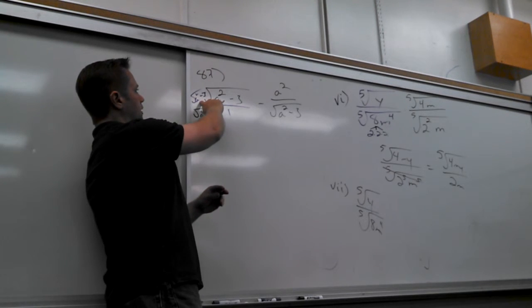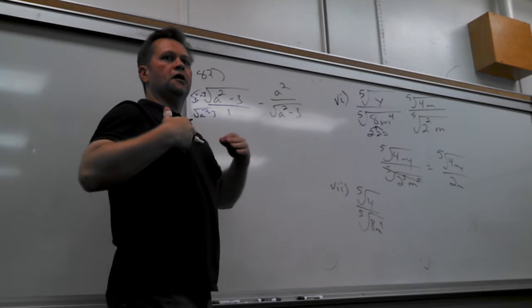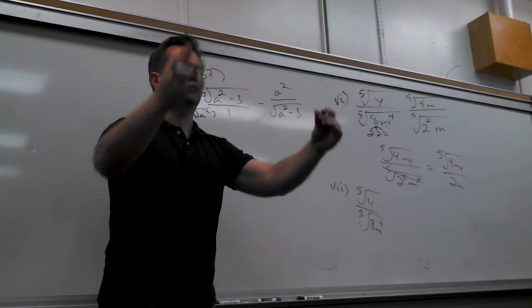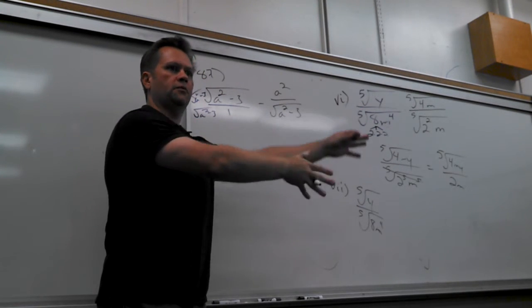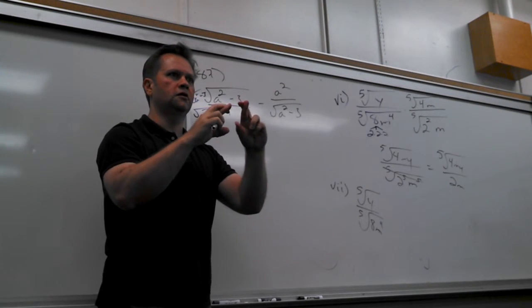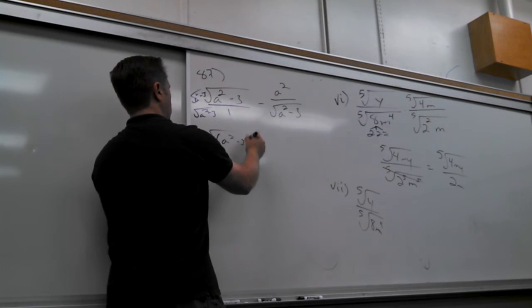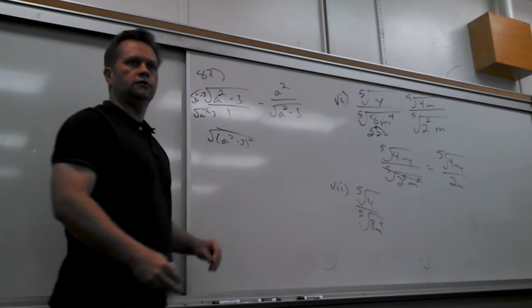Good. Root a squared minus 3 times root a squared minus 3 is a squared minus 3. A square root of something times the square root of something is something. Do you believe me? Because otherwise I'd get the square root of a squared minus 3, squared, and don't those just cancel, right?